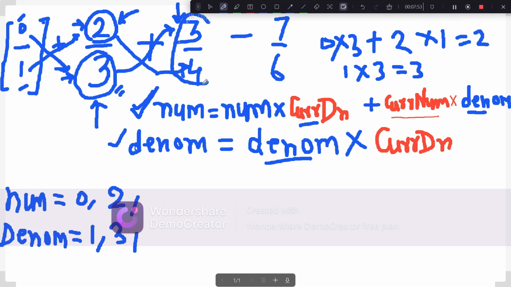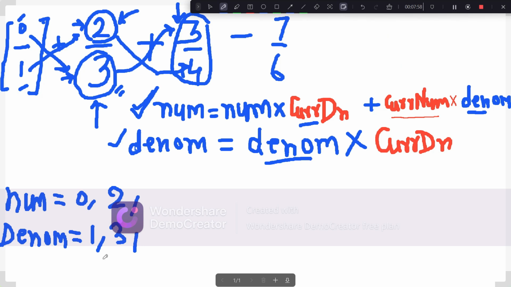3 by 4. So let's calculate this value. Our num equal to 2. So we will use this formula. So 2 into denominator. What is the denominator? Denominator here is 4, right, this one. So we will make 2 into 4. Then we have to make the plus of numerator.